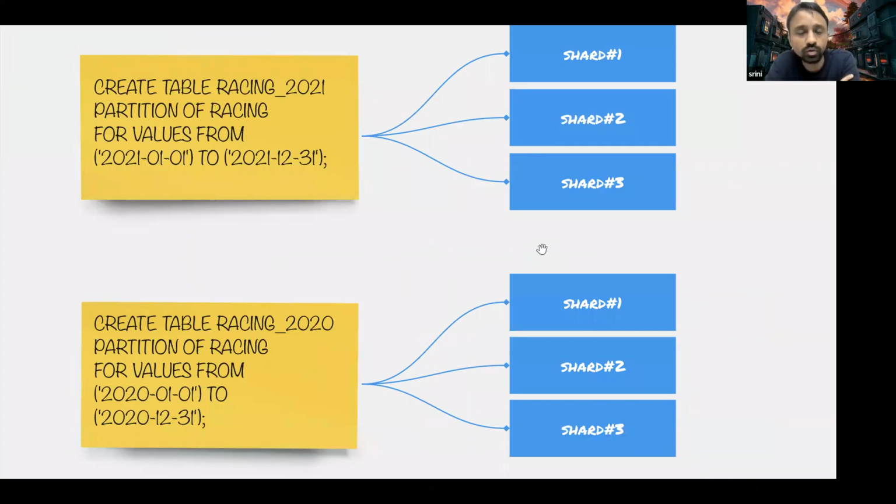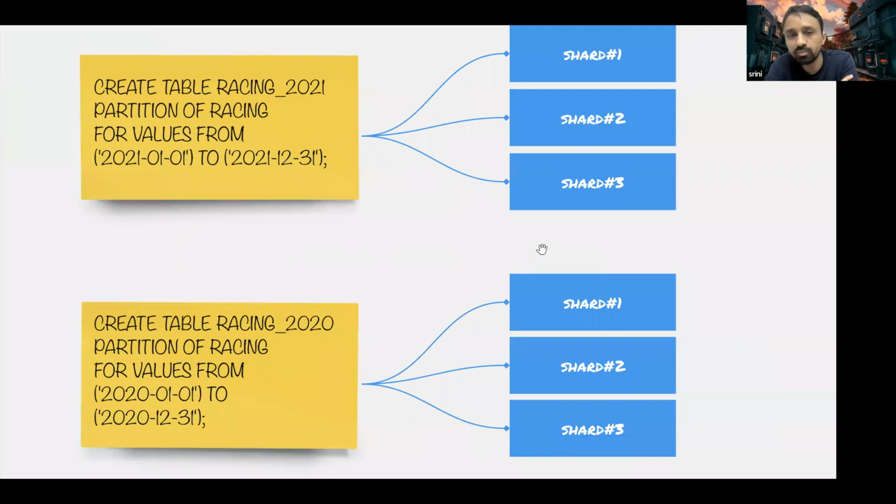So whatever we looked at for a single table name key, the same sharding mechanism at storage level gets applied. So essentially, racing_2021 would be a table in Yugabyte, and racing_2020 itself is a table in Yugabyte, right?